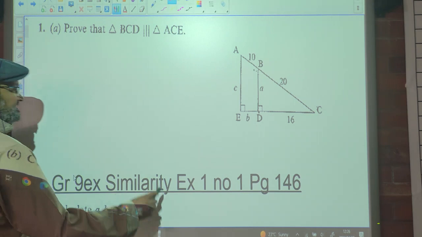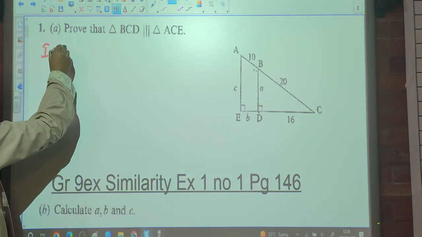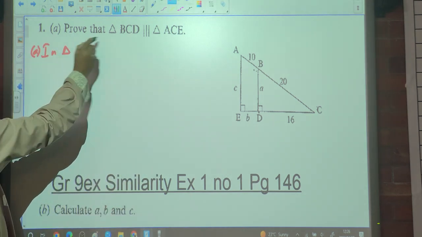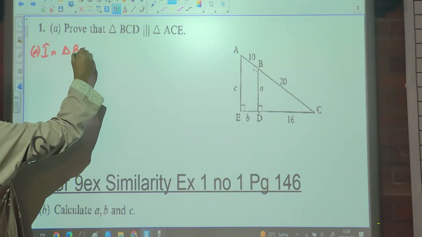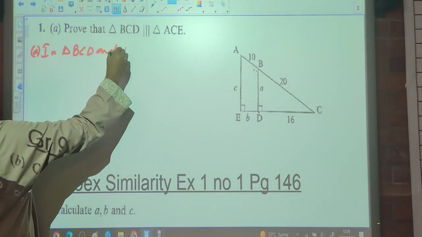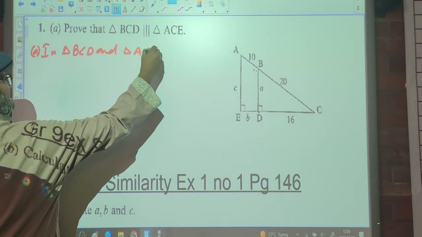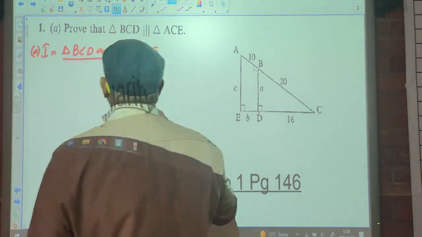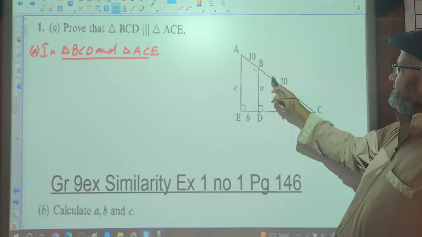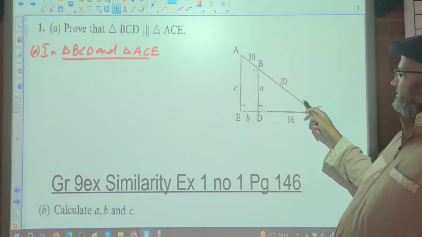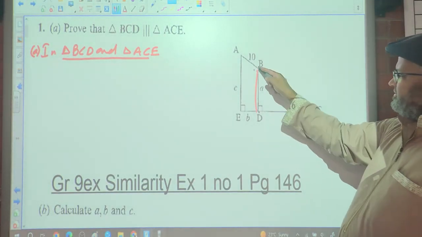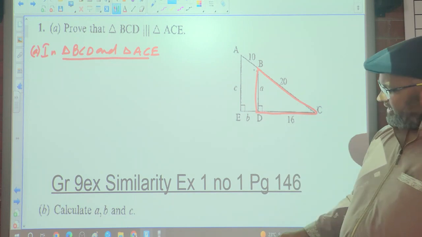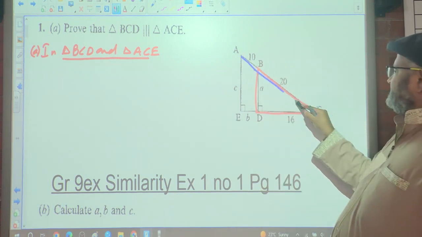I start by saying in triangle, I name it as they gave it, BCD, which is this triangle here, and the other triangle being ACE.